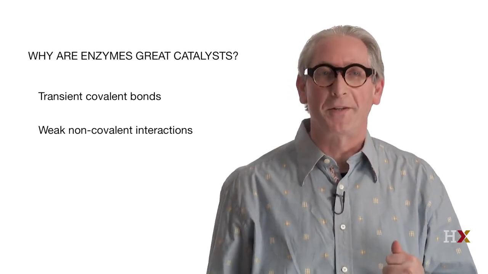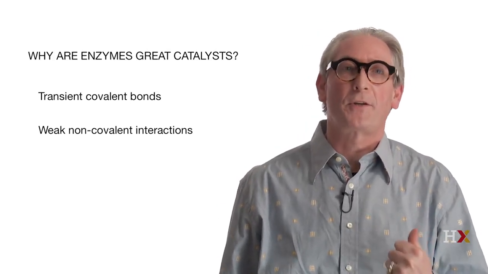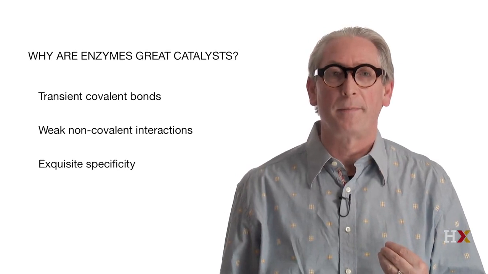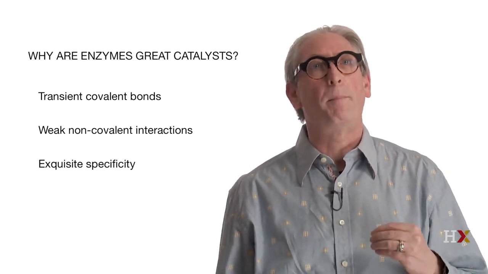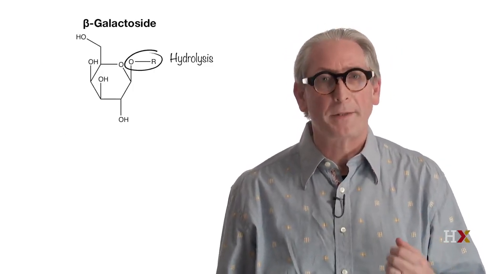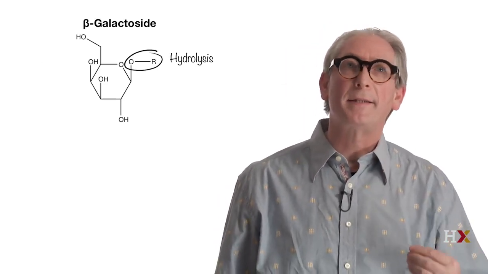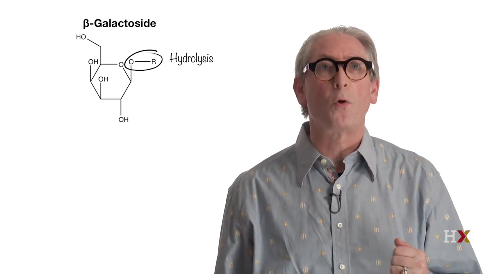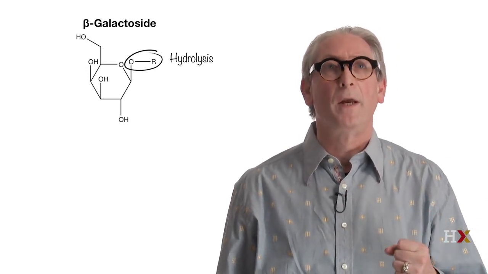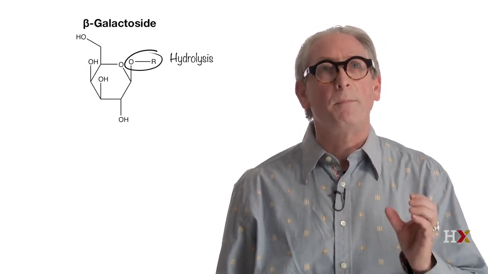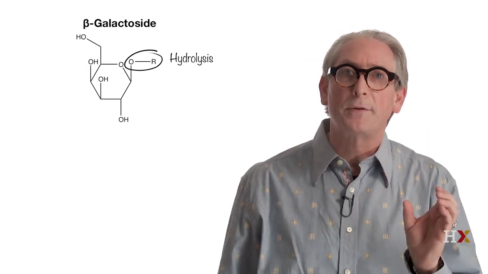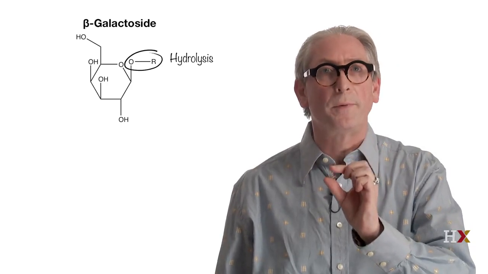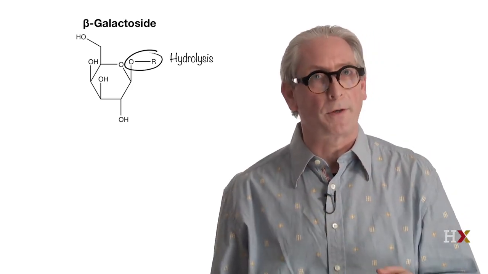The third reason why enzyme is such a great catalyst is the exquisite specificity of enzymes. We can take, for example, beta-galactosidase. It's an enzyme that catalyzes the hydrolysis of a family of molecules called beta-galactosides. A beta-galactoside is composed of a galactose unit linked to an R group that can have different chemical structures.